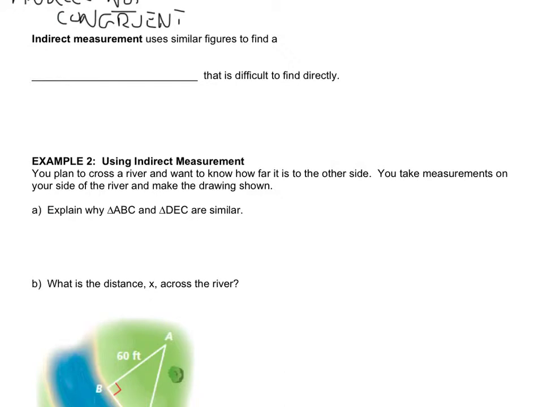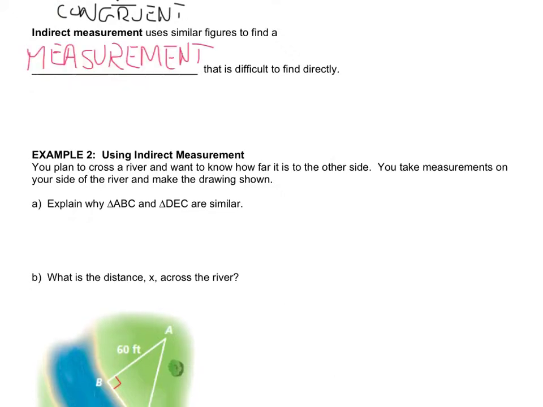Indirect measurement uses similar figures to find a measurement that is difficult to find directly. What that basically means is that we can use similar figures, similar triangles in a lot of cases, to help find measurements of things that we can't measure.